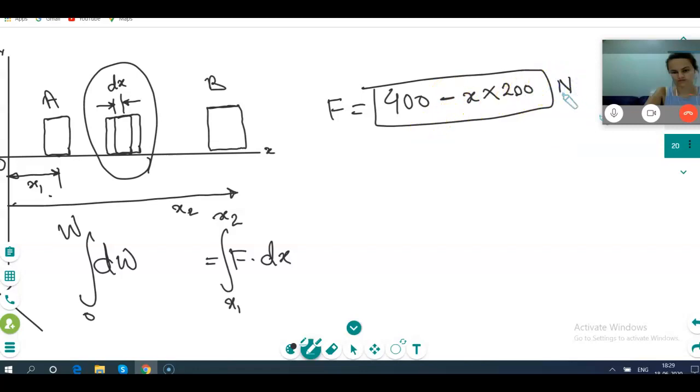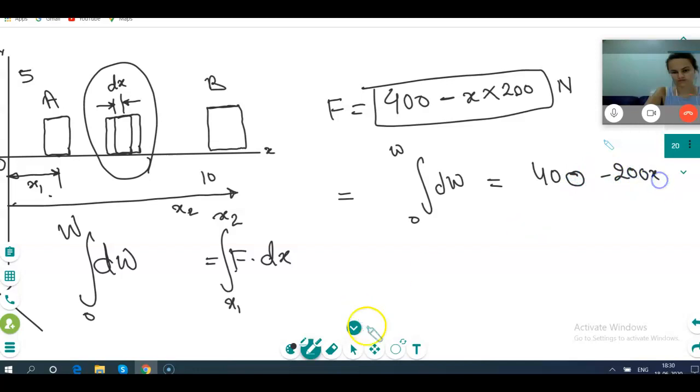What will you do for getting the work done? Let us say x1 is 5 meter and x2 is 10 meters. How will you find the work done? Please tell me. You will simply do dw from 0 to w is equal to F, 400 minus 200 x, into dx.